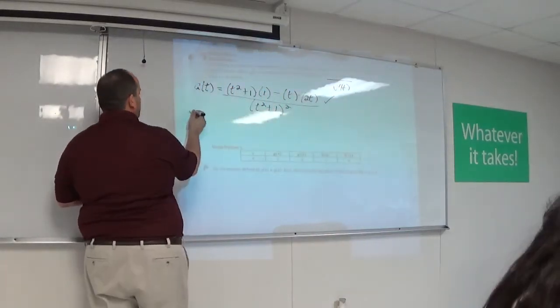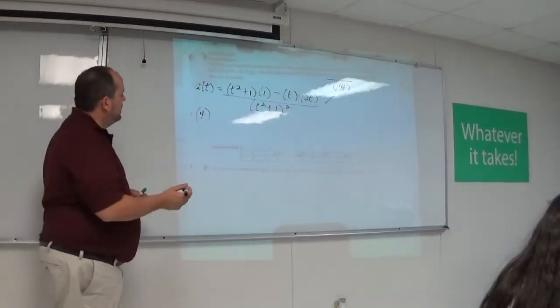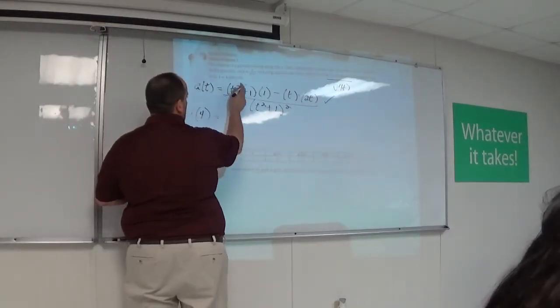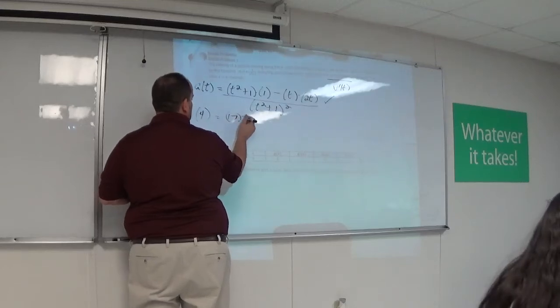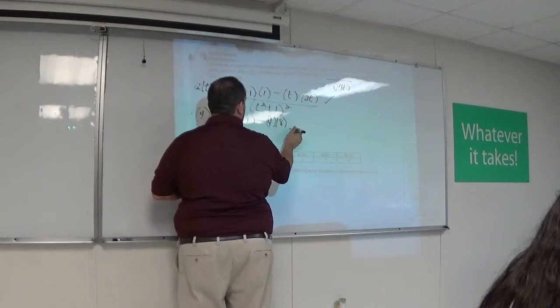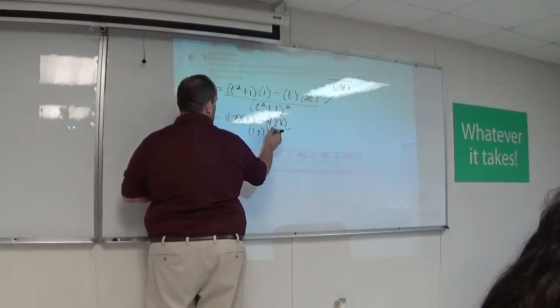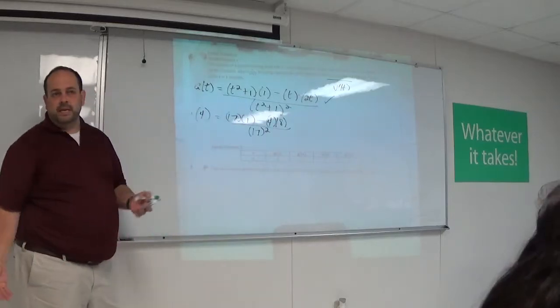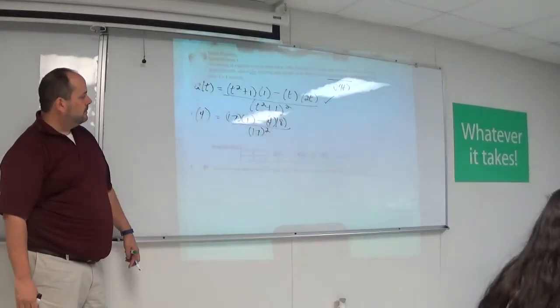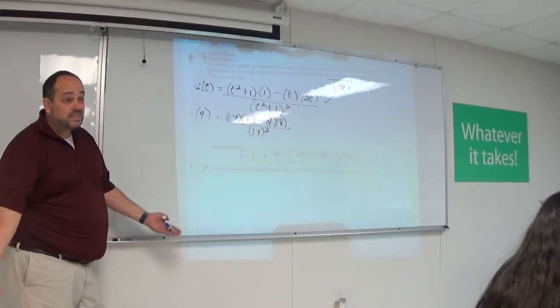Now I want the acceleration at 4. We're just going to plug in 4. So 4 squared plus 1 is 17, times 1 minus 4 times 8, all over 4 squared is 16 plus 1 is 17 squared. Great answer. If it's free response, stop.